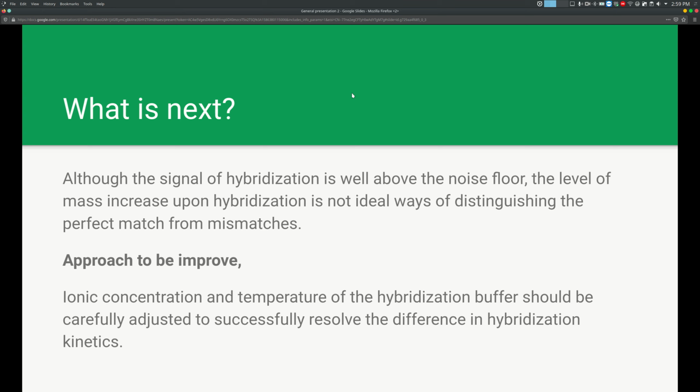They say the ionic concentration and temperature of the hybridization buffer have to be carefully set in order to solve this problem. Still, it wasn't too clear, and they left some issues open in the paper.